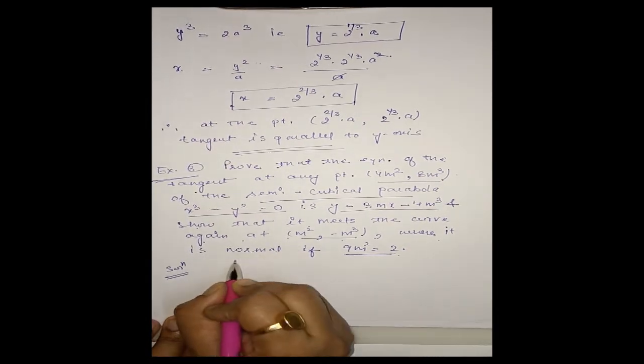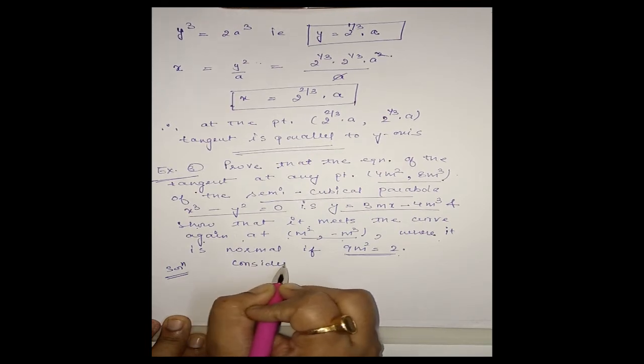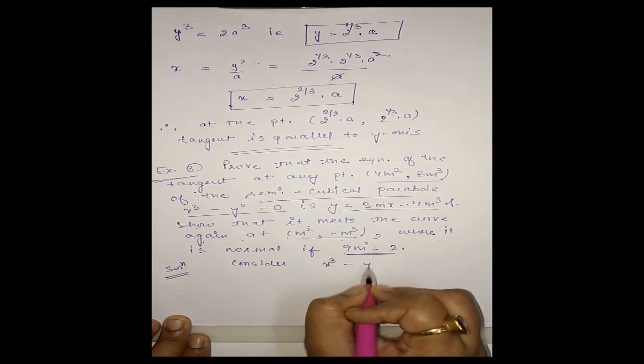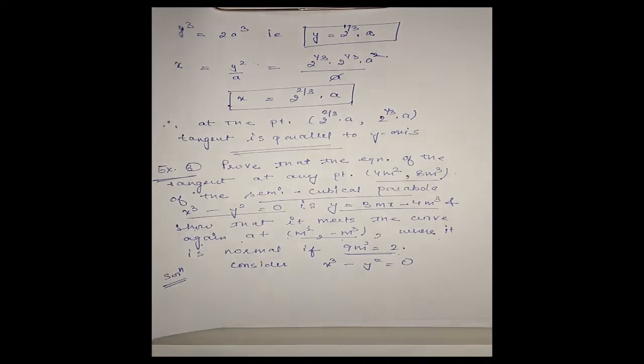Now consider the equation of the semi-cubical parabola x³ − y² = 0.